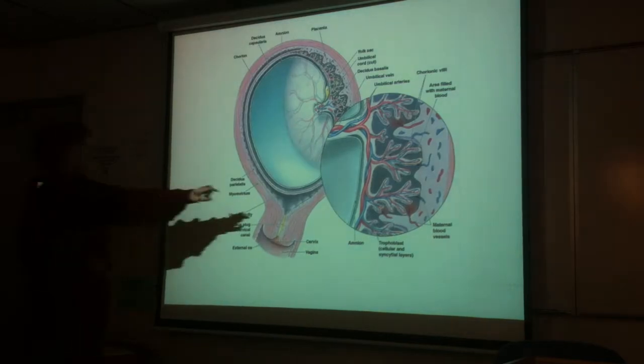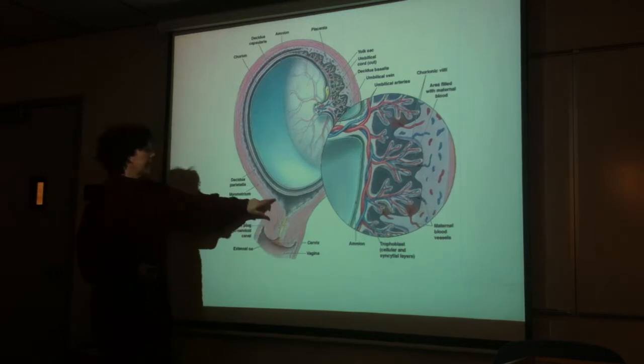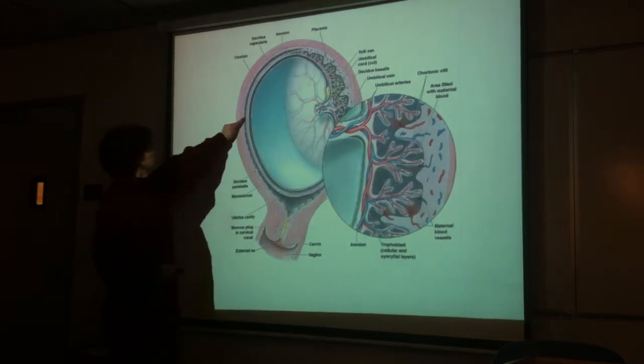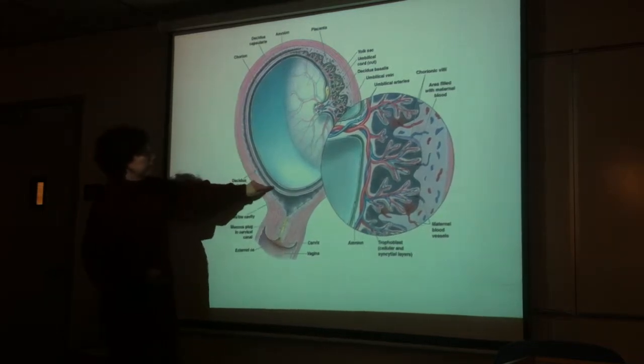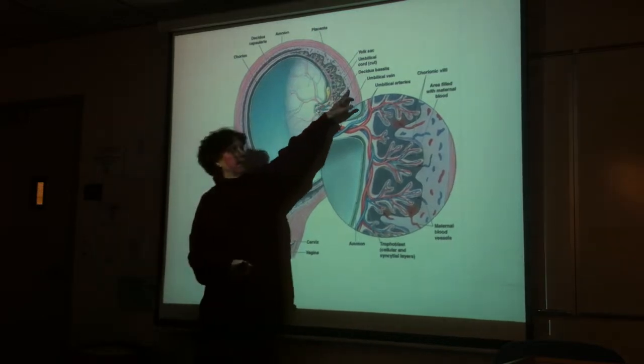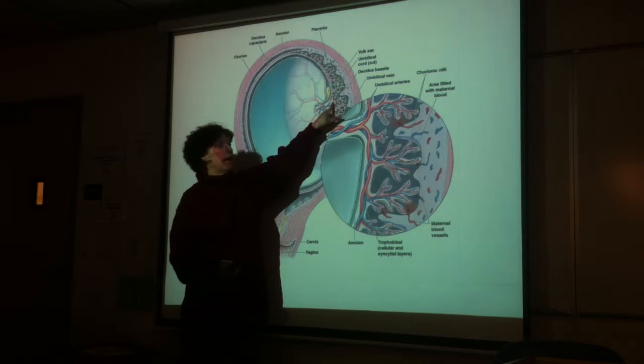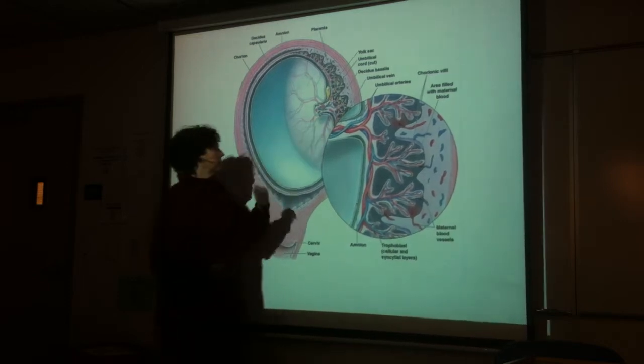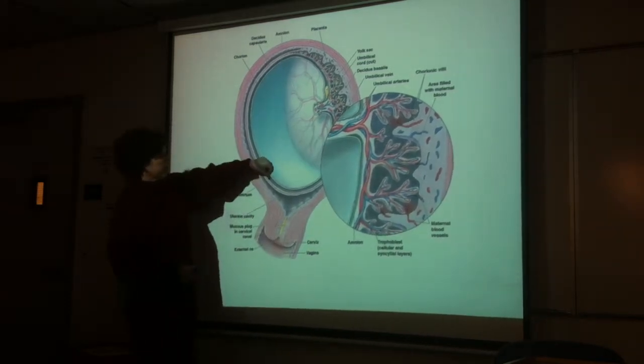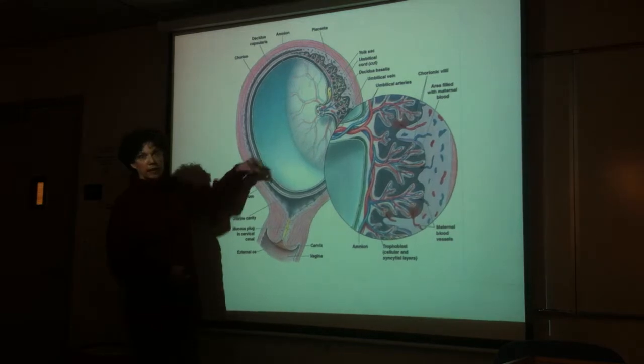So again, decidua parietalis, decidua capsularis, decidua basalis. Chorionic villi, chorion laeve, just deep to the decidua capsularis.